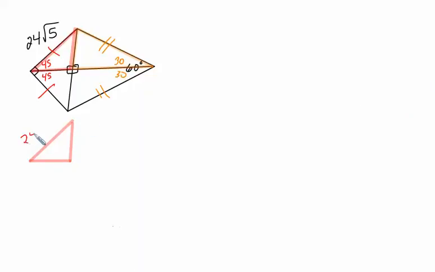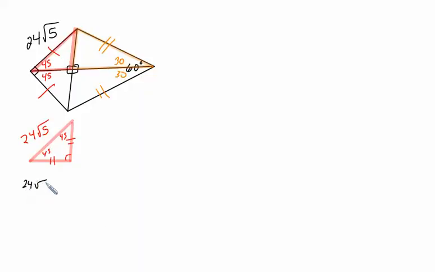So we know that the hypotenuse is 24 square root of 5. And then we know that the two legs are going to be congruent because it's going to be a 45, 45, 90 special right triangle. Now we need to divide 24 square root of 5 by the square root of 2 to get one of the legs.